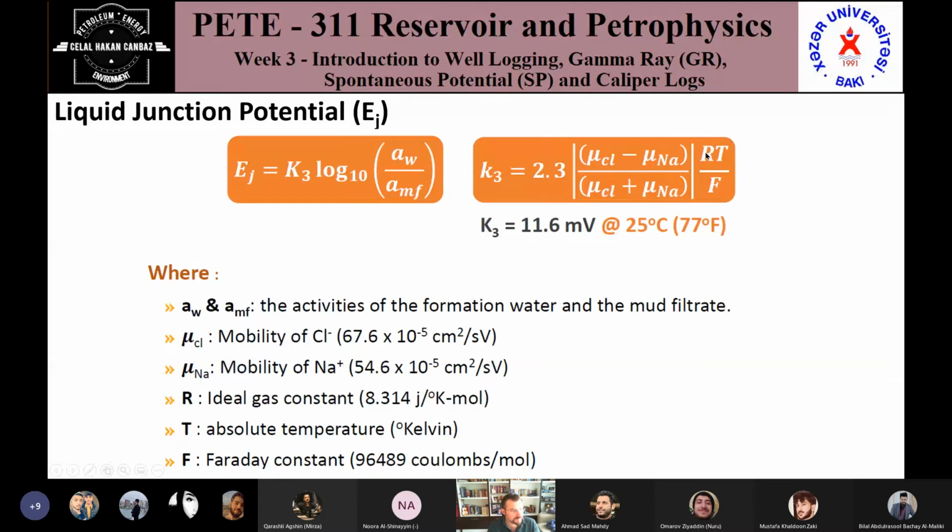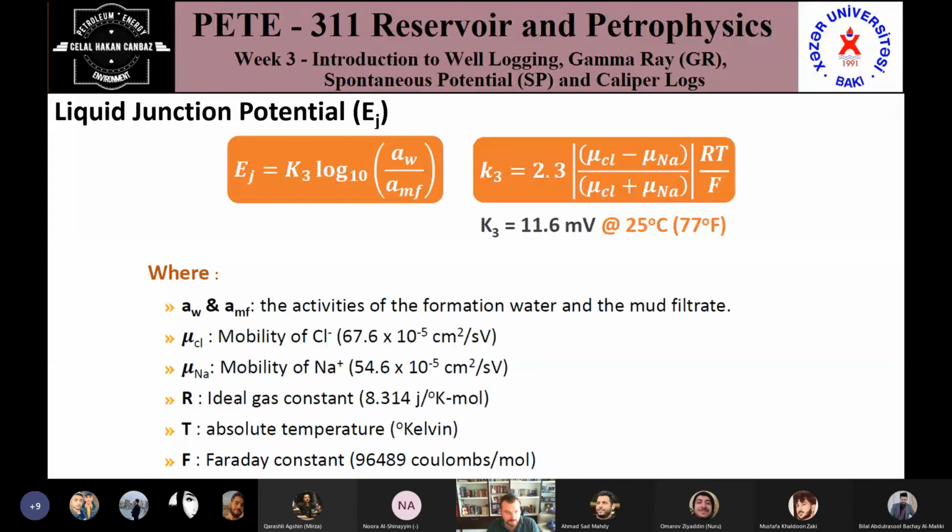The ideal gas constant, absolute temperature, and Faraday constant are used, and it calculates the K3. Then you use this K3 when calculating your liquid junction potential with the ratio of the activities of formation water and the mud filtrate. So you calculate your liquid junction potential there.